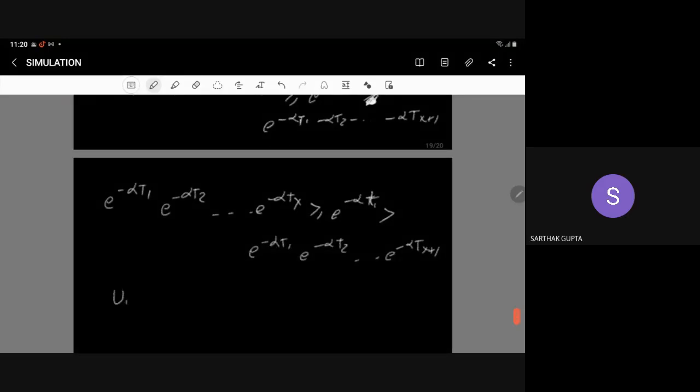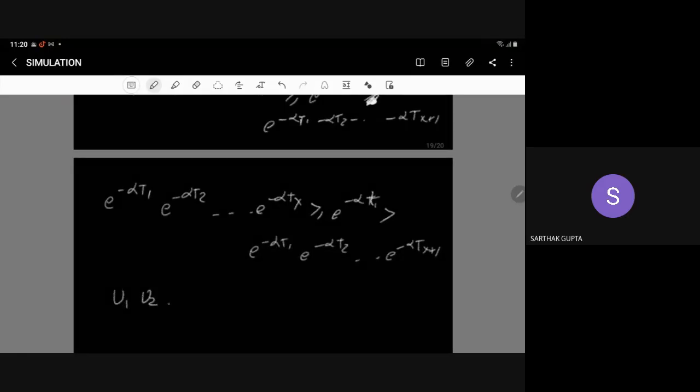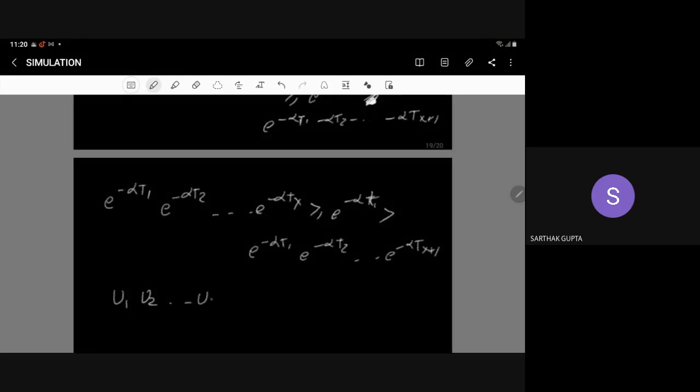This can be written as u1, u2, ux greater than e to power minus mu, right? Minus alpha t can be written as mu, greater than u1, u2, ux plus 1.